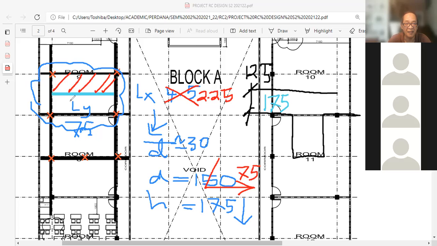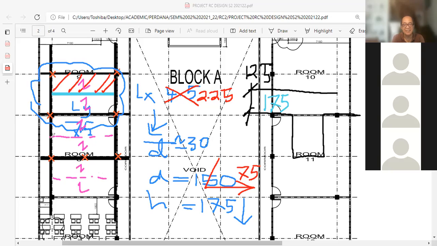And moreover, by introducing the secondary beam, the slab becomes 2.25 divided by 7.5, it's more than 2, right? So it now becomes a one-way slab. All of this becomes one-way slab. By introducing a beam here, all this will become one-way slab.